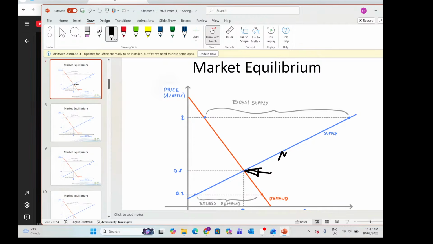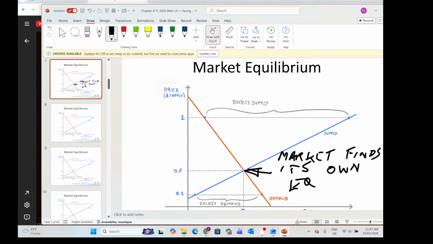One thing that we can say about this market equilibrium is that the market finds its own equilibrium. What does that mean? What it means is no one is telling the market what price to charge or what price to accept.